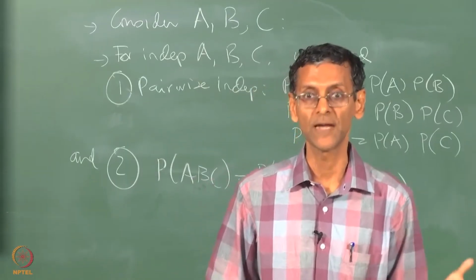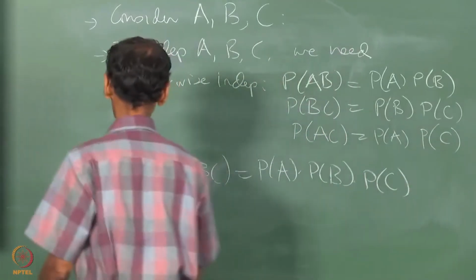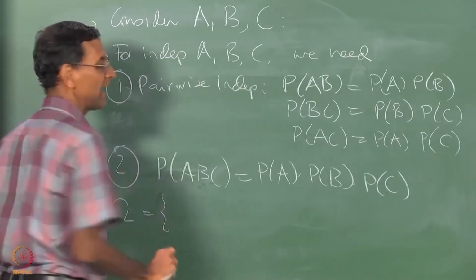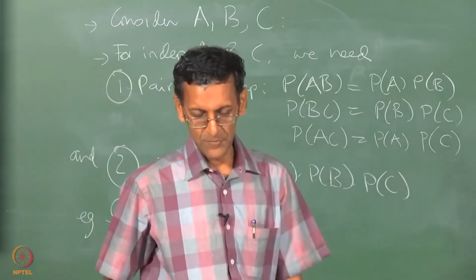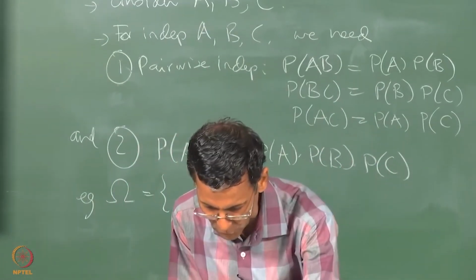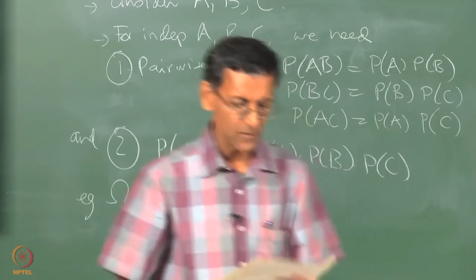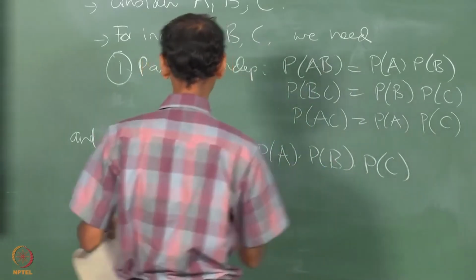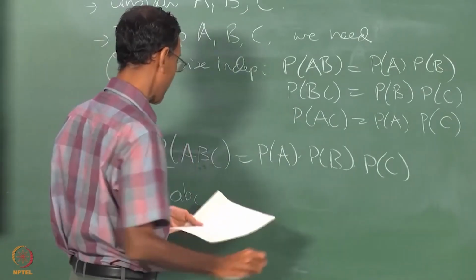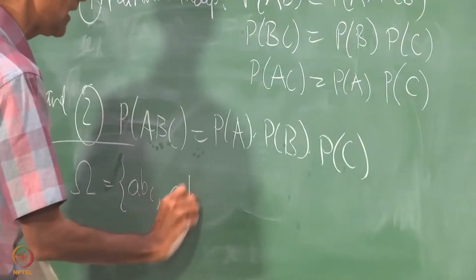So if I consider a simple example, which I have again taken from some book, if I have some strings of characters and I am going to give them all equal probabilities.